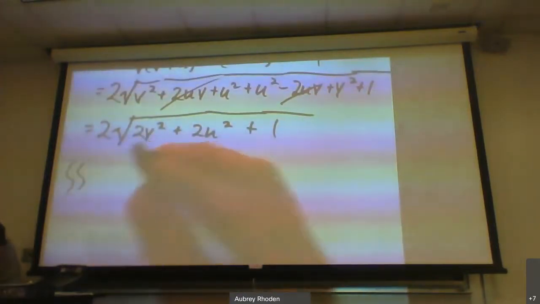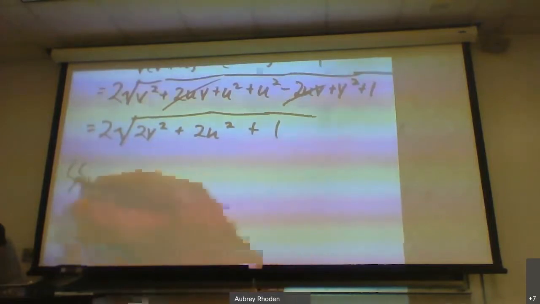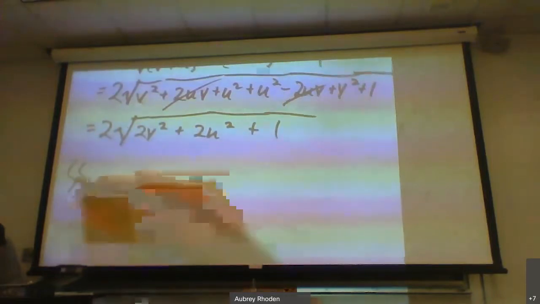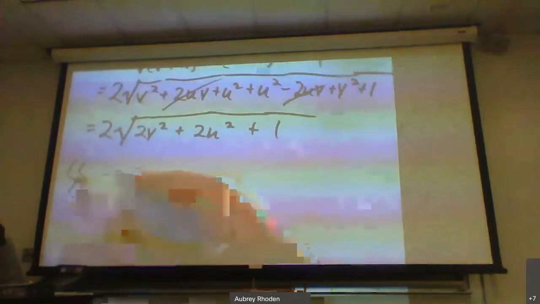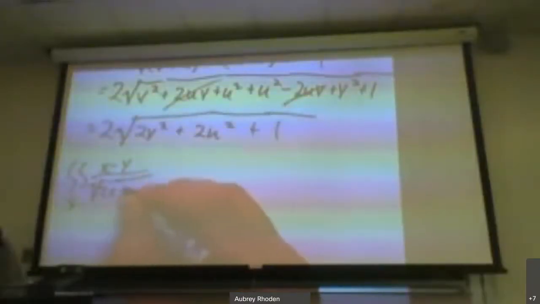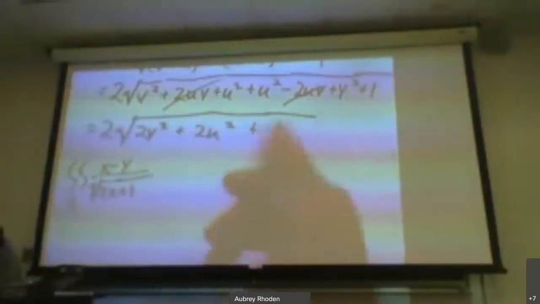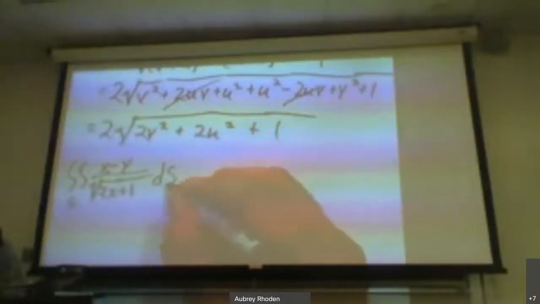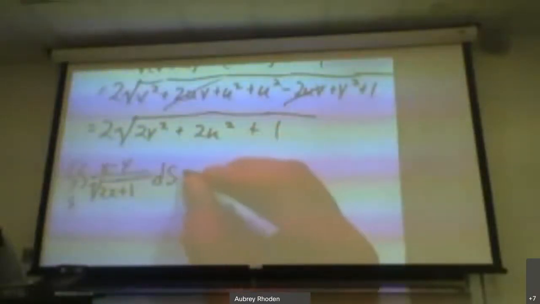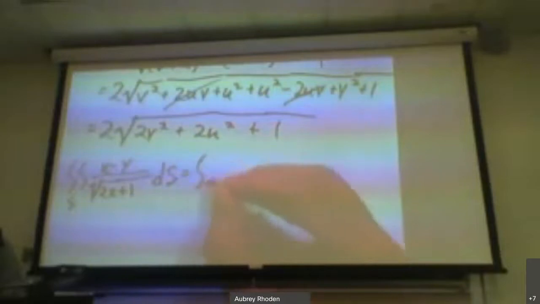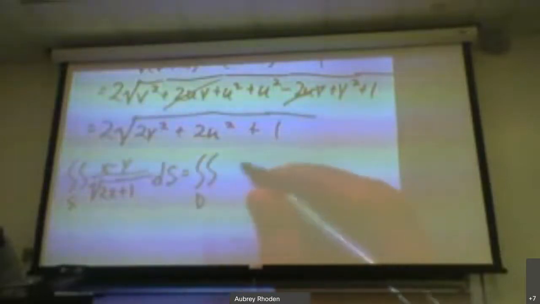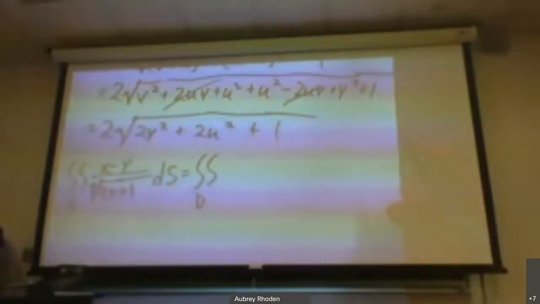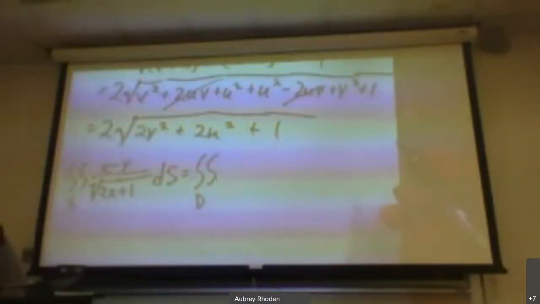So the integral of x minus y square root of 2z plus 1 dS, which is going to equal the double integral on the domain. Okay, so we're going to plug our x's and y's and z's into this thing.